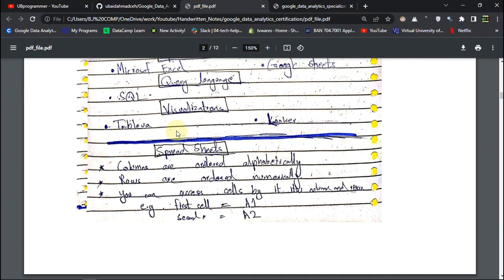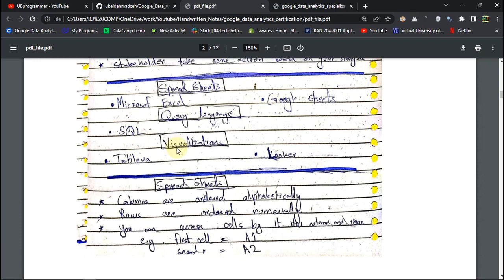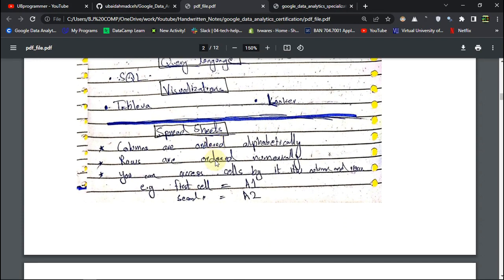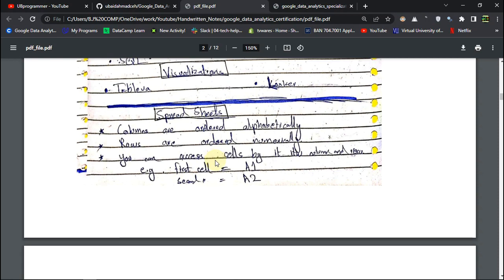This program is based mainly on spreadsheets, and then SQL, right? And R is also there. So there is no Python, if you guys are wondering. No Python for it, but the theory or the concepts they are giving are really amazing, because that's the main key, if I would say.